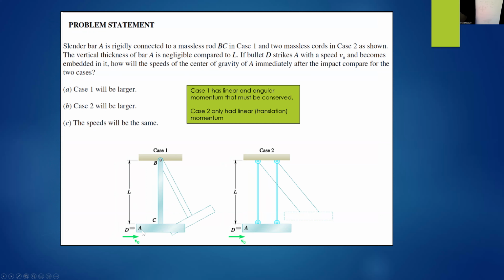This block or rectangle with A in it does actually have an omega attached to it, but it also has a translation. Because you have both those momentums to conserve, you're going to have less end velocity, because some of that velocity is eaten up in the angular momentum. Whereas in case 2, you just have essentially a translation. So that's the idea with that one. All right.